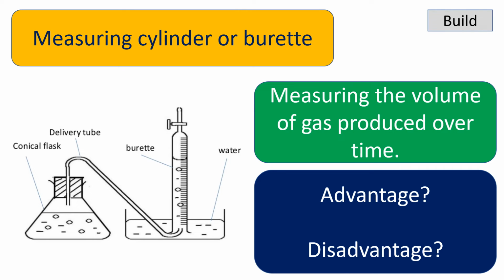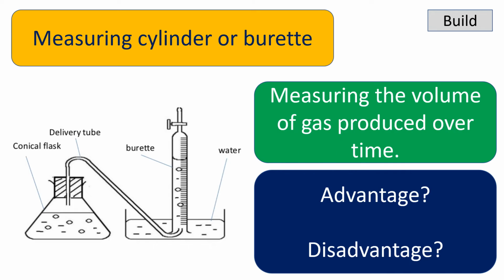Okay, so this is one that we often use in class, really good for measuring the volume of gas made over time. So in this example, in your conical flask, you have your reaction taking place. You're making a gas. That gas obviously rises, because gases do, and it's trapped in the delivery tube, and it takes it through, and you'll notice it goes underneath either a measuring cylinder, or in this example, a burette.